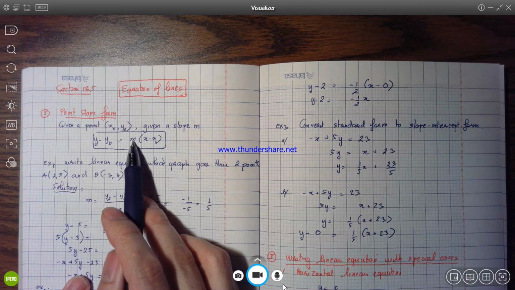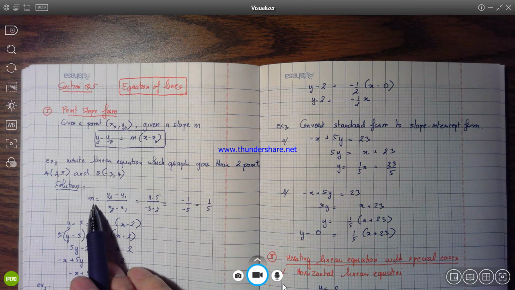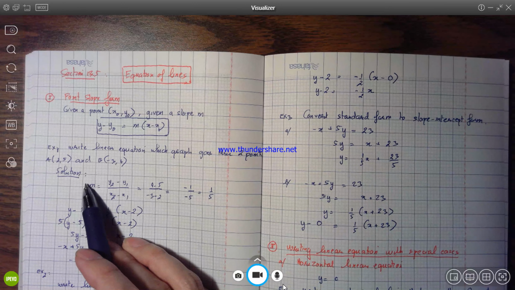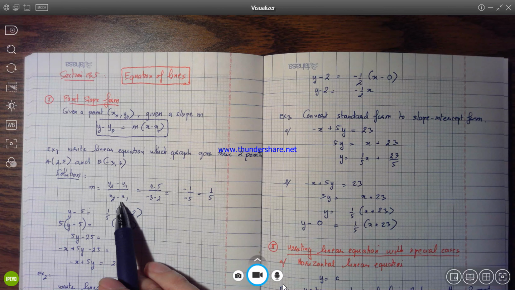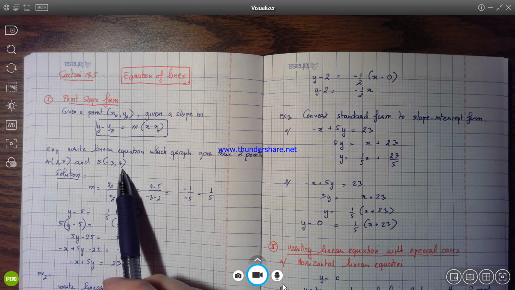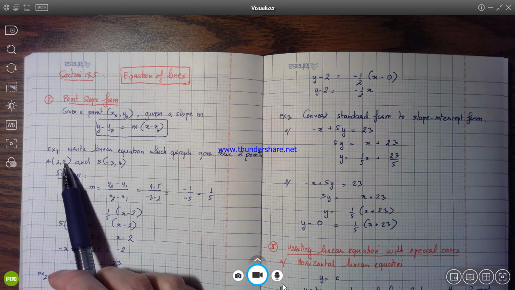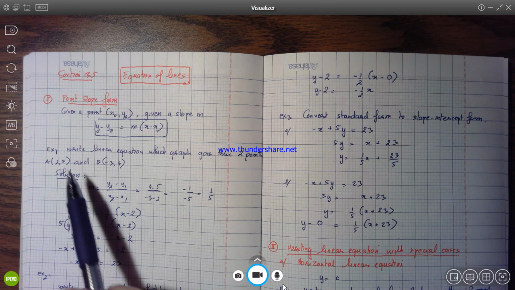We have to get the m, right? Because two points are given, we can get the m by using the slope formula, y2 minus y1 over x2 minus x1, and we plug them in. So y2, y1, x2, x1 give you 1/5.